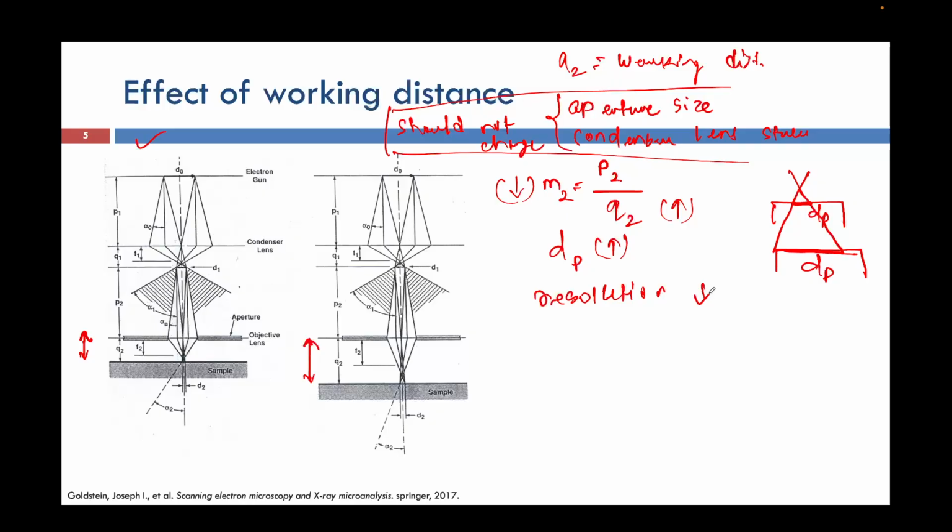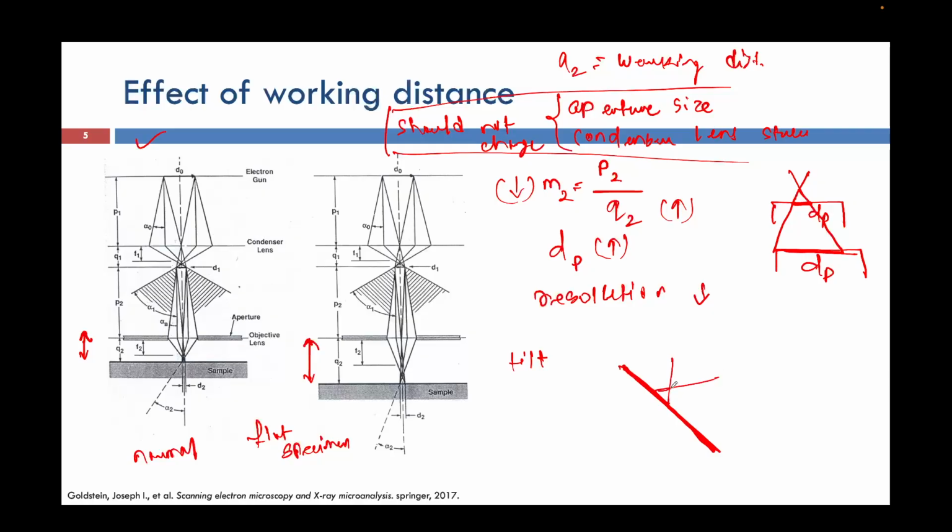However, other thing, let's say this is a flat specimen I have taken, the normal flat specimen. If I want to consider the tilt specimen, let's say I am considering a specimen like this. In a specific case, let's say my probe size is falling somewhere like this.